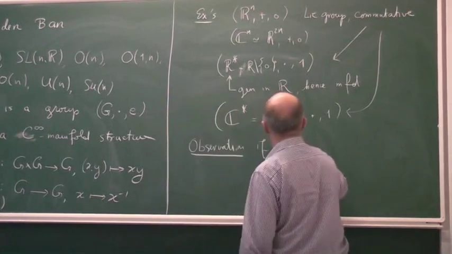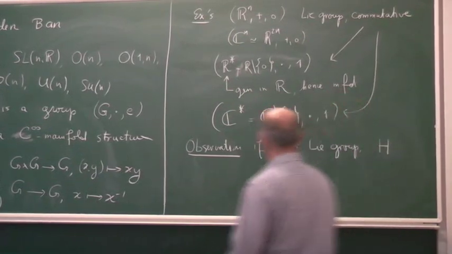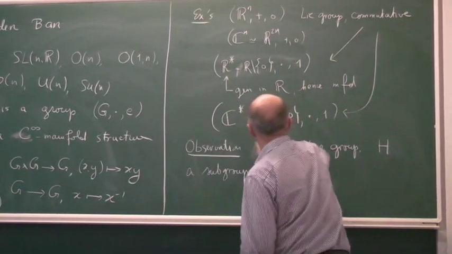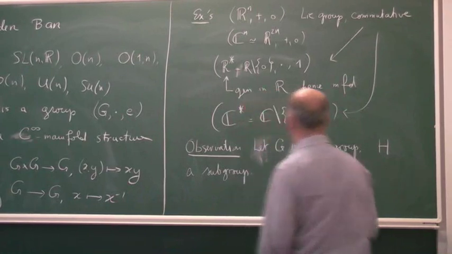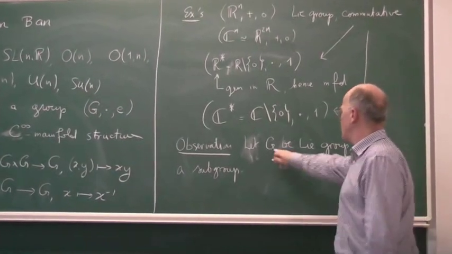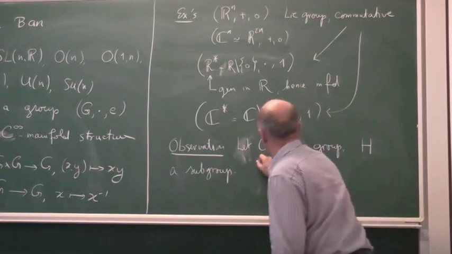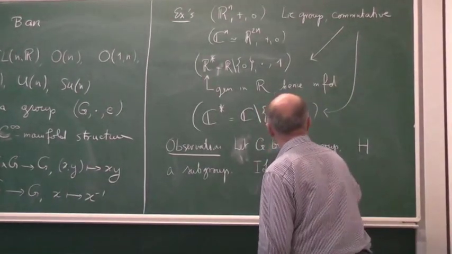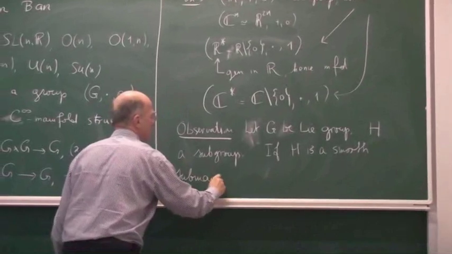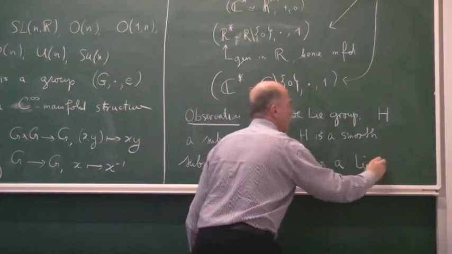If G is a Lie group and H a subgroup, so H is a particular subset of G, if H is a smooth submanifold, then H is a Lie group in its own right, with that manifold structure.